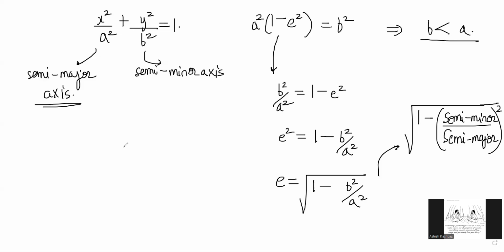Now, what we will do is we'll try to understand the nature of the curve in more detail. So let's think about the standard curve x square by a square plus y square by b square is equal to 1, where a is greater than b, right?